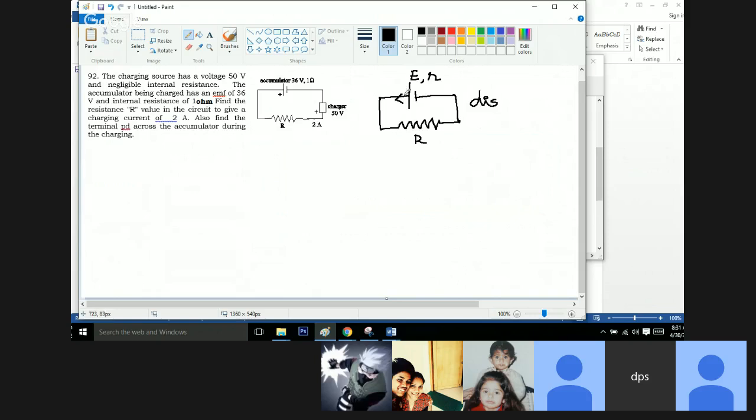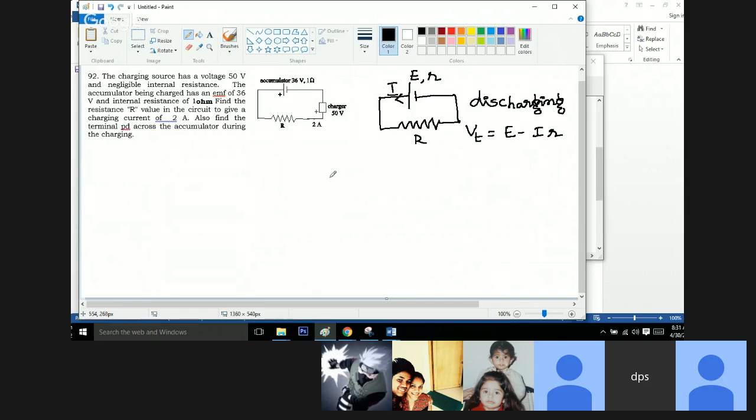What do you mean by discharging? Sending current from positive to negative. In that case, current comes out. Then please remember, our formula is Vt is equal to E minus Ir.